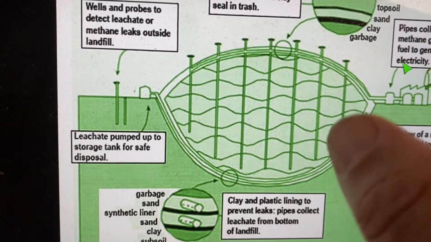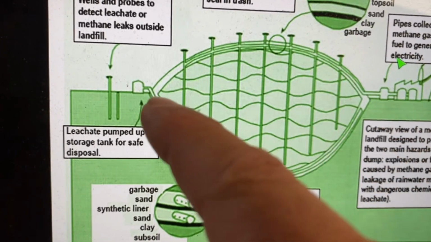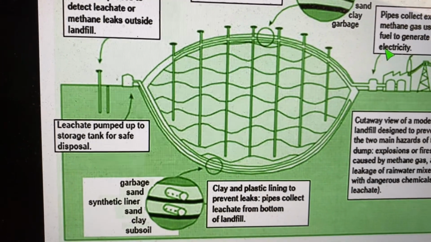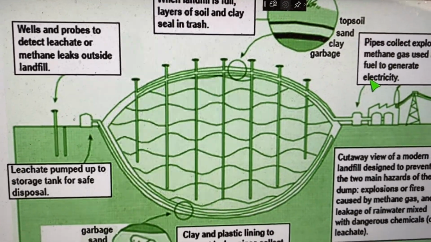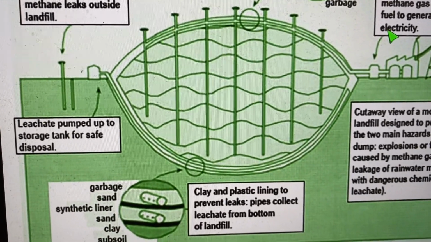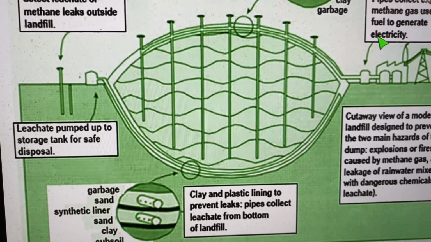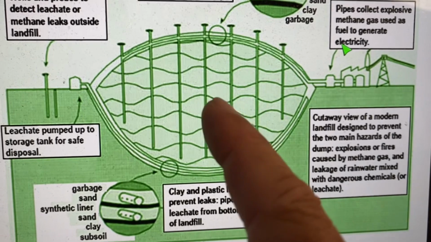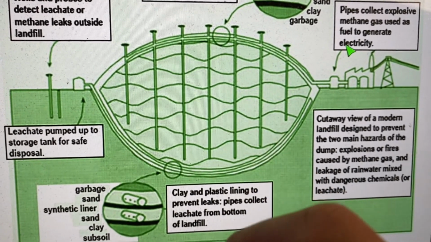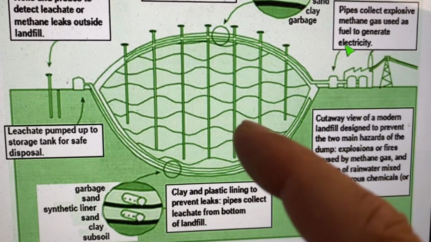Likewise, they cap the landfill. Once it's filled, it's capped again with an impermeable layer of sand and clay and a biological synthetic liner. And a couple things that are interesting that they do is that the waste sitting in the landfill generates a lot of methane gas, which is a greenhouse gas.